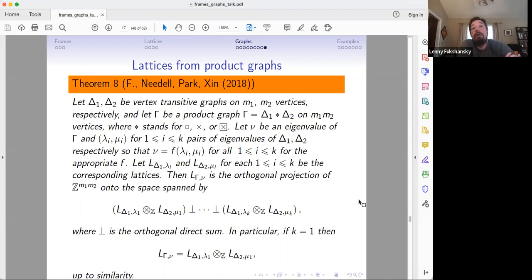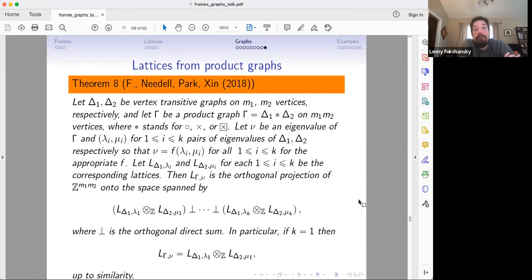For every pair lambda i, mu i of eigenvalues from delta 1 and delta 2, I have an eigenvalue, which I call nu, computed as I just showed you, differently for the three different products.